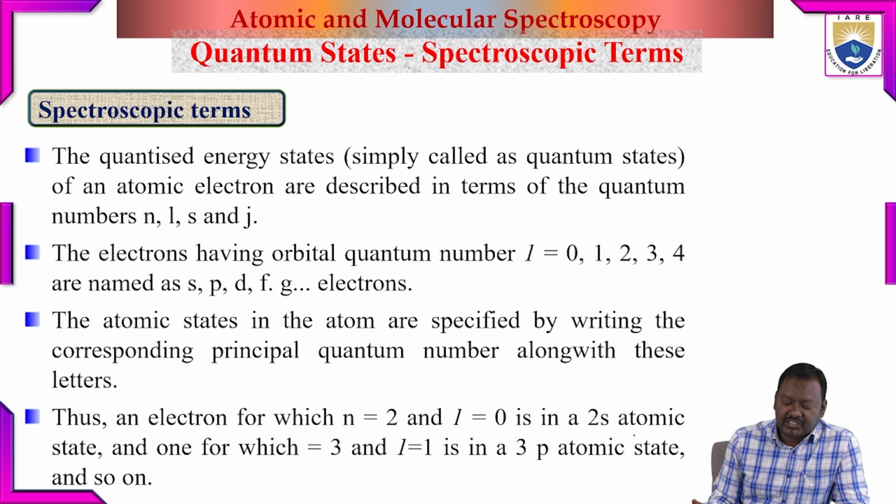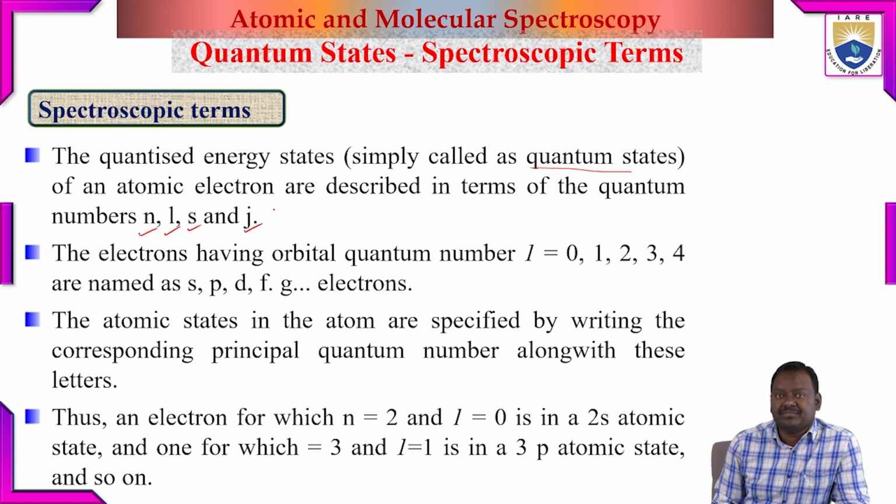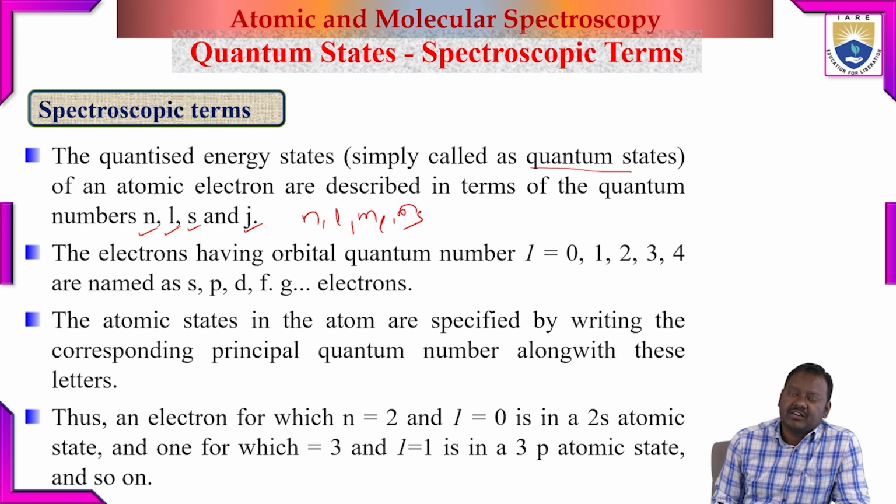The quantized energy states, also called quantum states of an atomic electron, are described in terms of the quantum numbers n, l, s, and j. In the earlier lecture, we discussed that the quantum state of an electron can be described by n, l, ml, ms. Now we can describe the state of the electron by n, l, s, j.